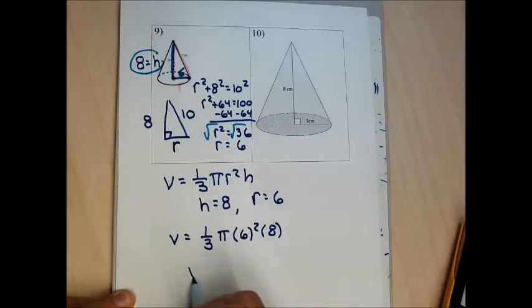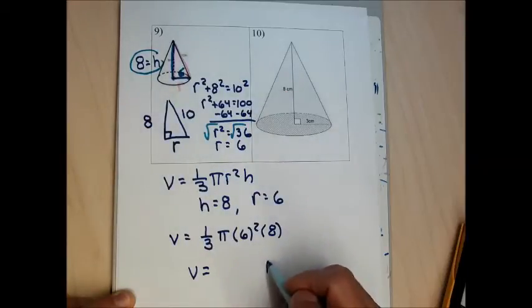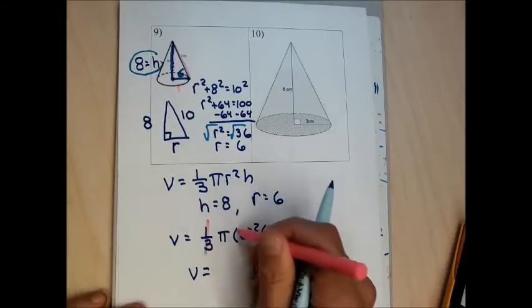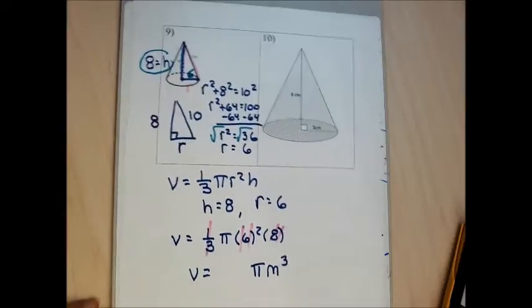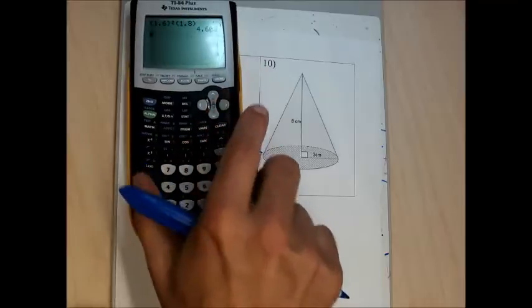When I go to write my answer, my units need to be cubic meters because volume units are always cubic. I need to leave that pi in my answer, and then I just need to multiply these numbers out. So 1/3 in a parentheses, 6 squared in a parentheses, and 8 in a parentheses would be a safe way to get the number that goes in front of that pi. So let me try to do that real quickly here.